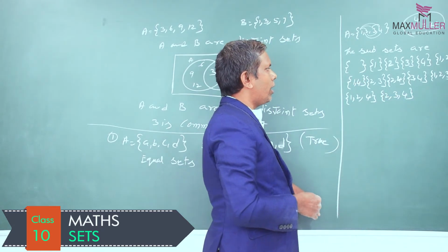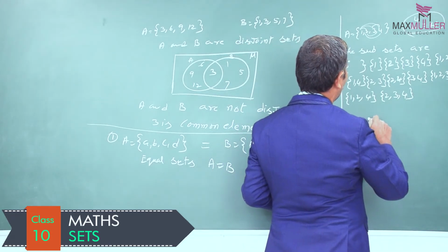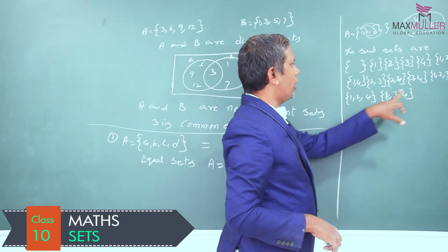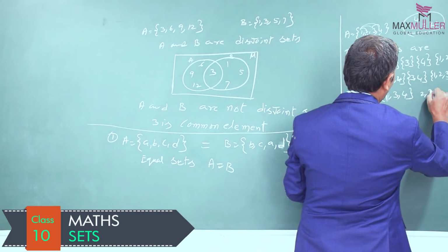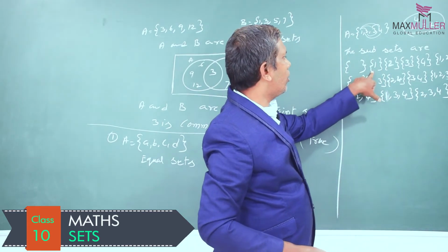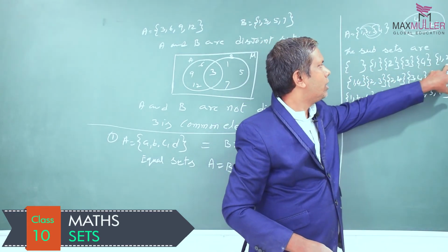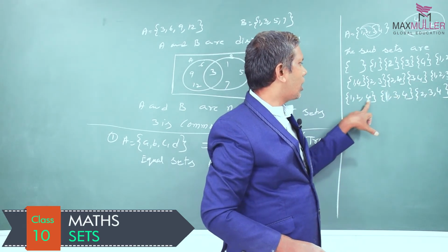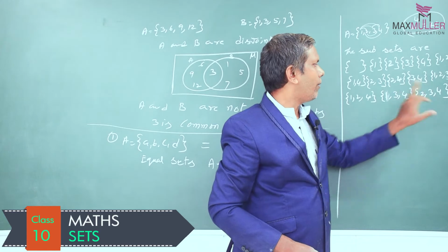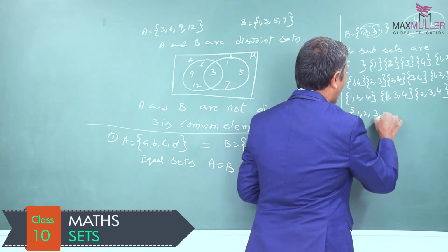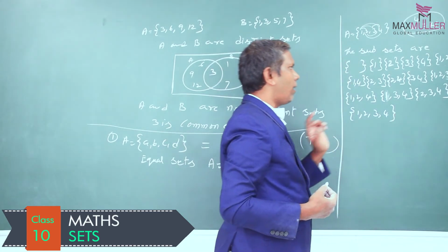One more you can write: 1, 3, 4 also. Now we can count: 1, 2, 3, 4, 5, 6, 7, 8, 9, 10, 11, 12, 13, 14, 15. And the last one, 1, 2, 3, 4 itself.